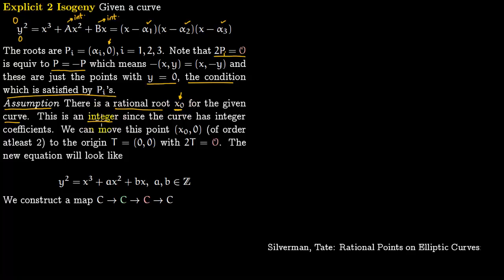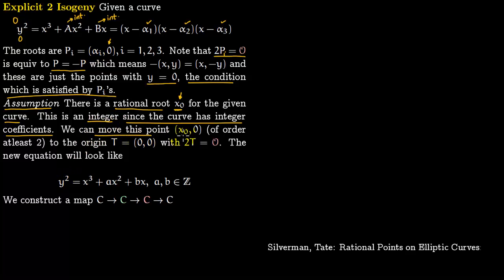You still have to prove that if you plug in a rational root here it is just an integer, but you can easily see it by putting it in this equation. So this x0 is an integer since the curve has integer coefficients, precisely because a and b are integers. Now we can do a change of coordinates.